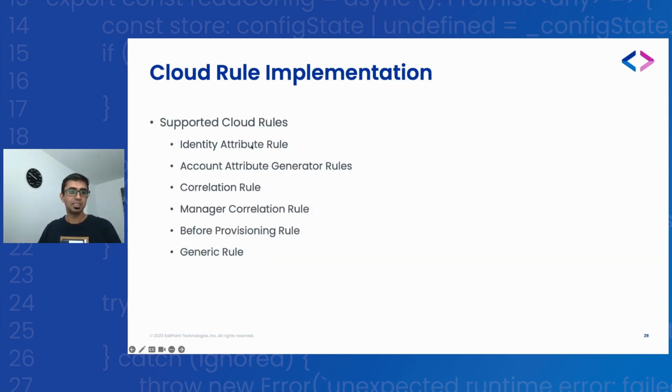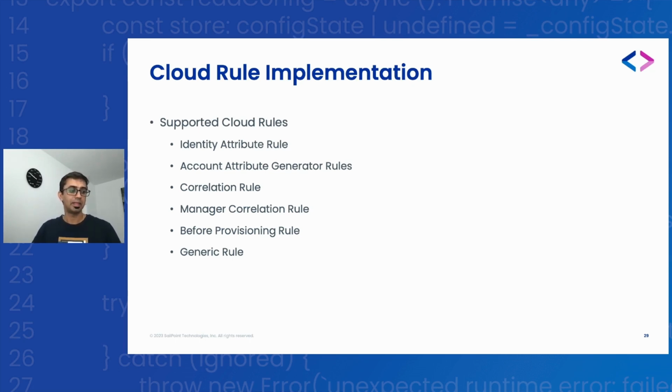Okay, so as I mentioned, some of the supported cloud rules are identity attribute rule. One example is maybe generation of, or if you have some complex logic for the display name calculation, which we cannot achieve through a transform, or for example the lifecycle state calculation, right? That would be a good example because most of the provisioning use cases in IdentityNow are based on the lifecycle state, right?